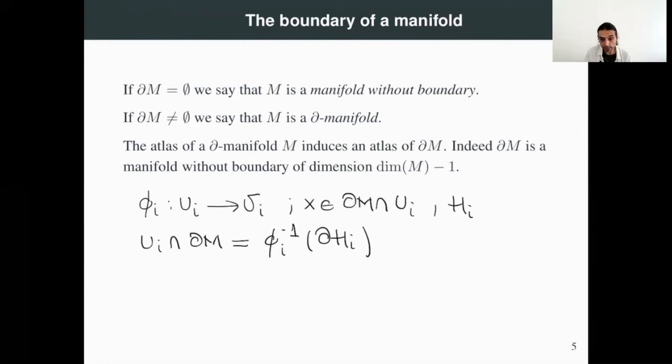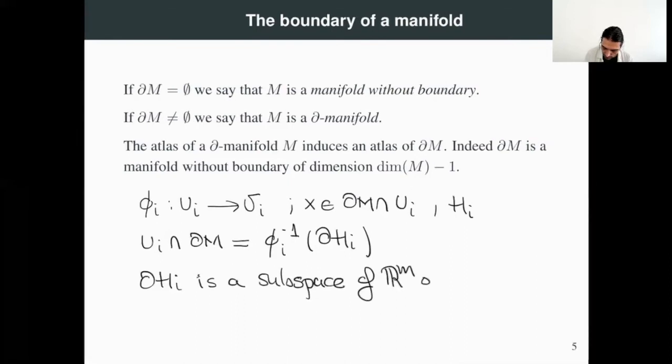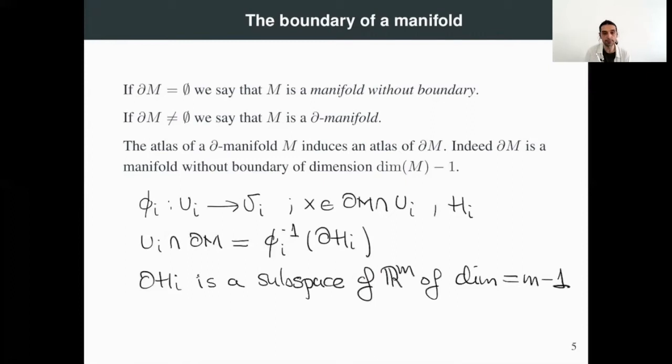The half space has a boundary such that, considering that we are working in dimension small m, this is a subspace of R^m of dimension equal to m minus 1, right?